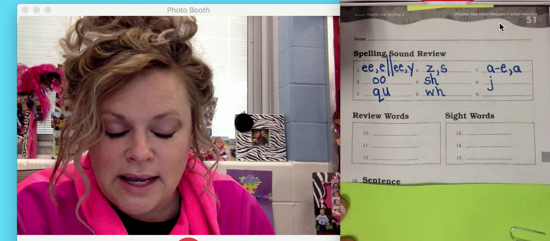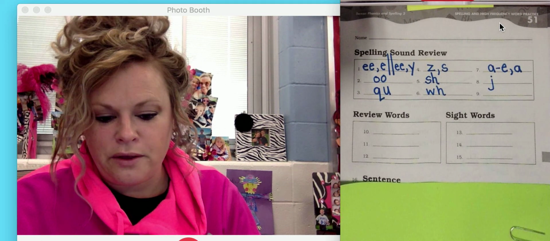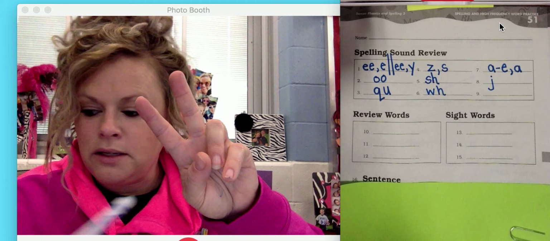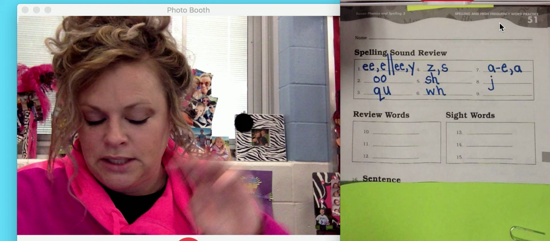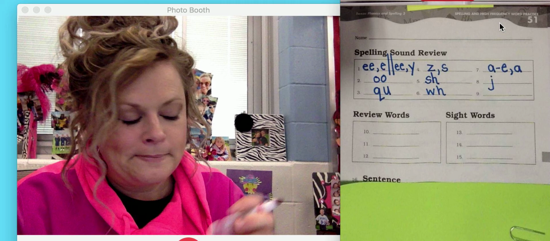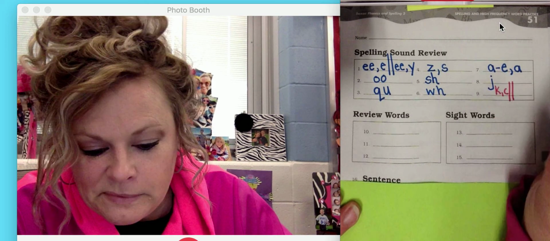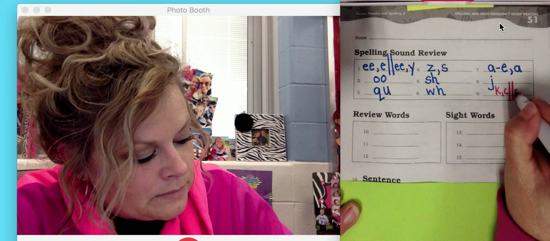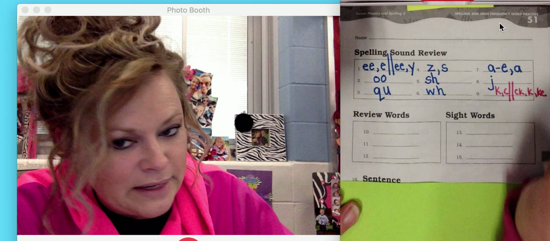Number 9 is K. Repeat. Go ahead and write all those choices. There's 2 in the initial and medial position, and then there's 3 now in the final position. I don't even have enough room.